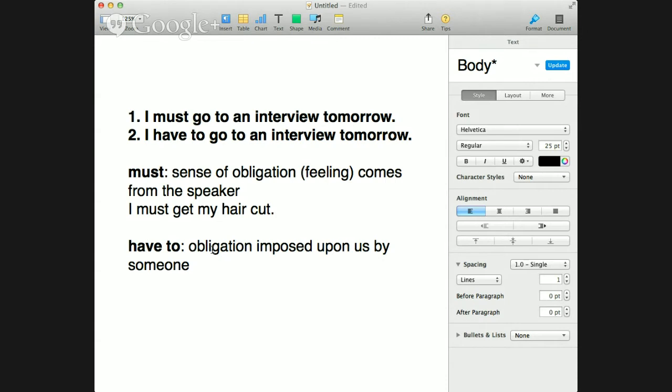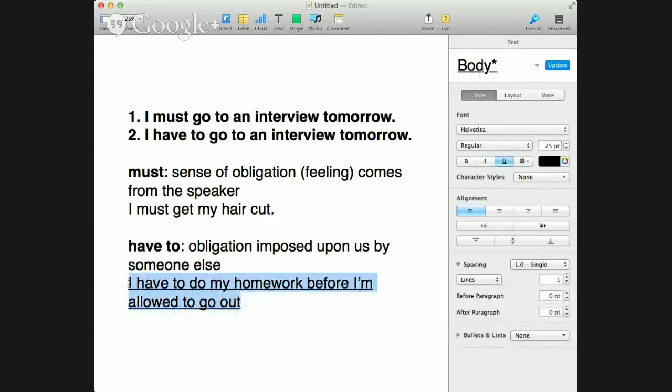I have to clean my room because my mum told me to, or oh, I have to do my homework because my teacher told me to. So it's something that's imposed on us by someone else. It does not come from ourselves. So, for example, I have to do my homework before I'm allowed to go out.